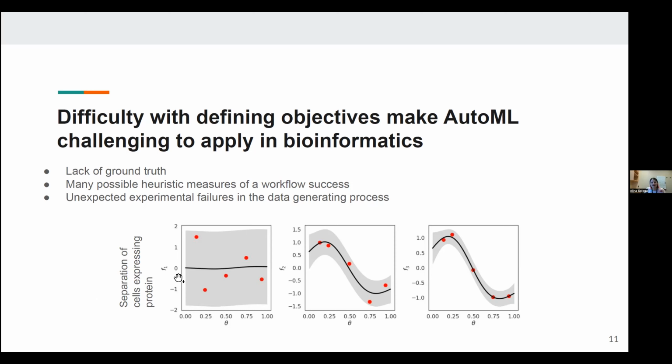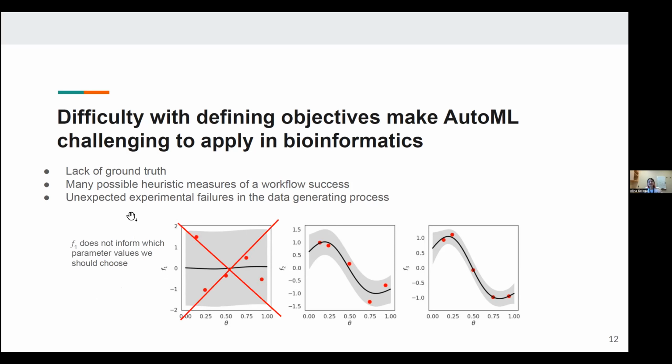So I might end up with the situation, and this actually happens frequently, where measuring a certain protein failed in your experiment for experimental reasons, okay? So you might end up with observations that look a little bit like this one here on the left, this box on the left. So when I fit my favorite model to it, I'll end up with a really flat mean and really, really high variance. And then I don't really know which parameter setting is good to choose to optimize this particular objective.